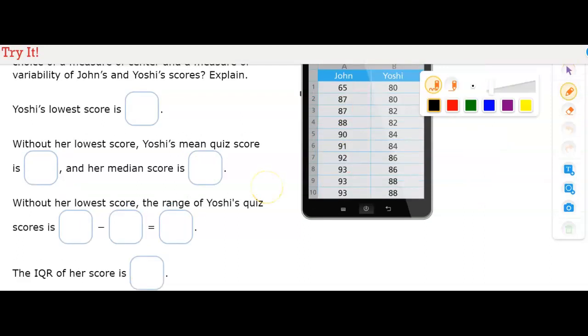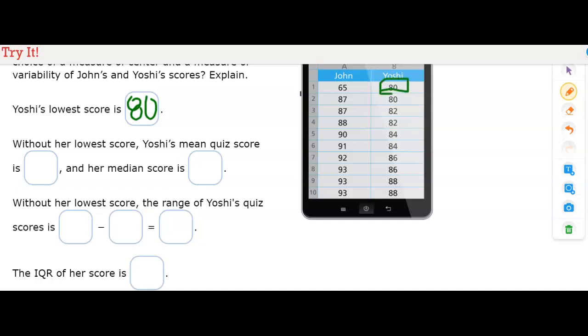Let's do Yoshi. So Yoshi, her lowest score is 80. Without her lowest score, her mean, so that means we would not use that 80, right? So now she has 9 scores. So her mean would be 84 and 4/9.